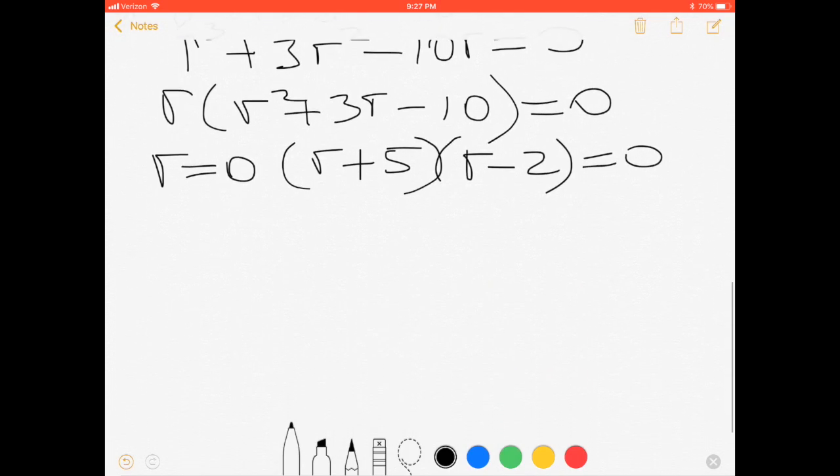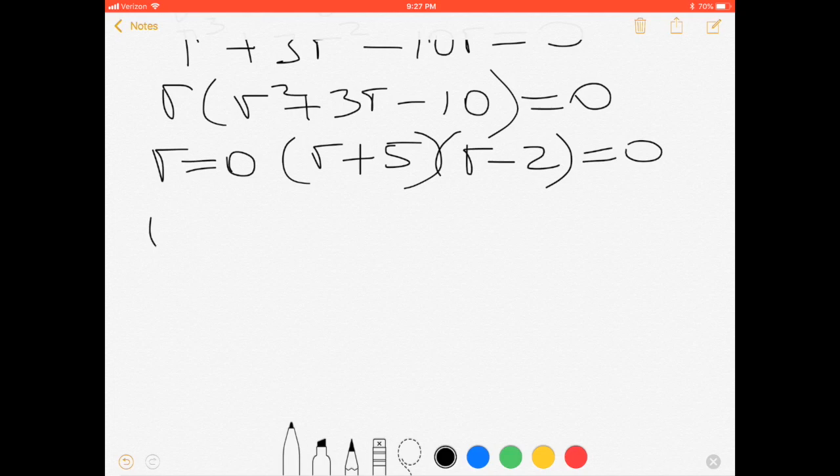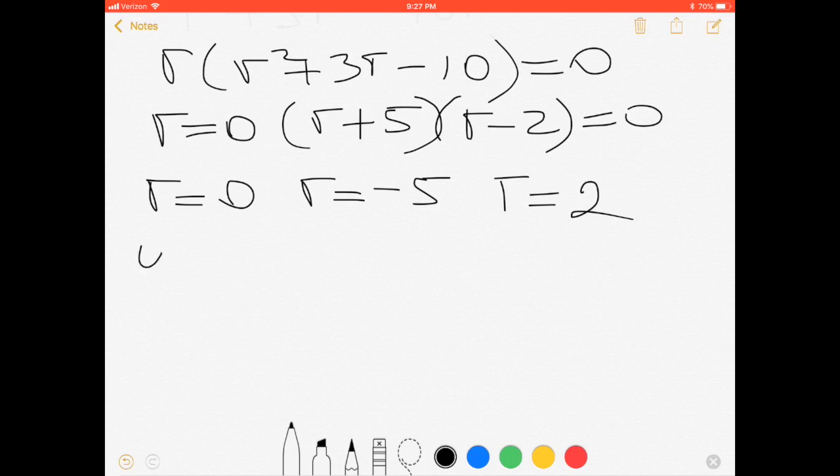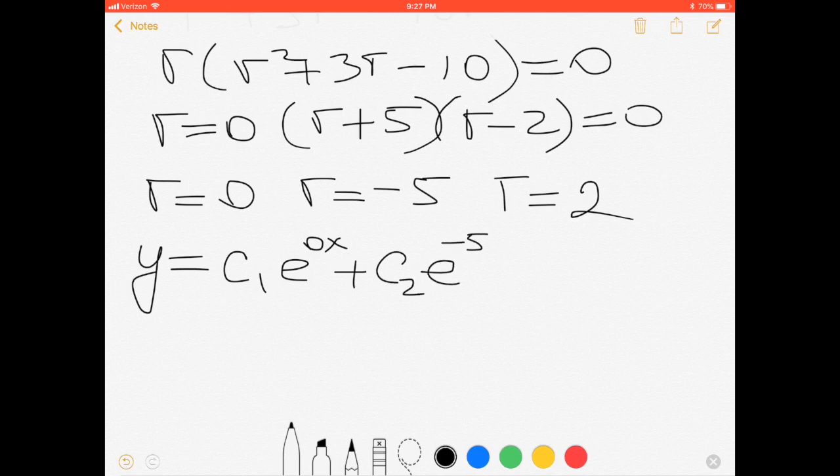And now for a third order polynomial, I have three roots: r equals 0, r equals negative 5, and r equals 2. All three are real numbers, all three different. This means the general solution of my homogeneous equation will be c1 e to the exponent 0x plus c2 e to the exponent minus 5x plus c3 e to the exponent 2x.